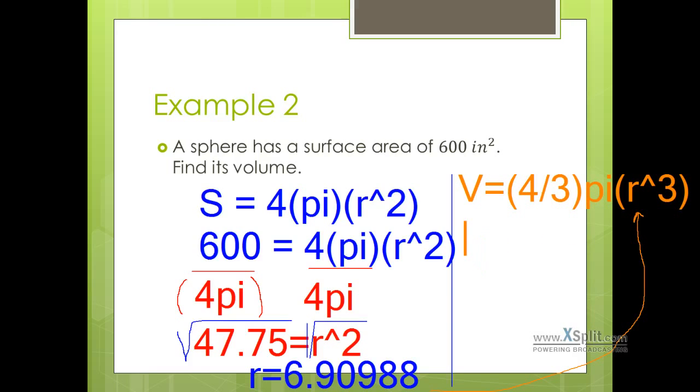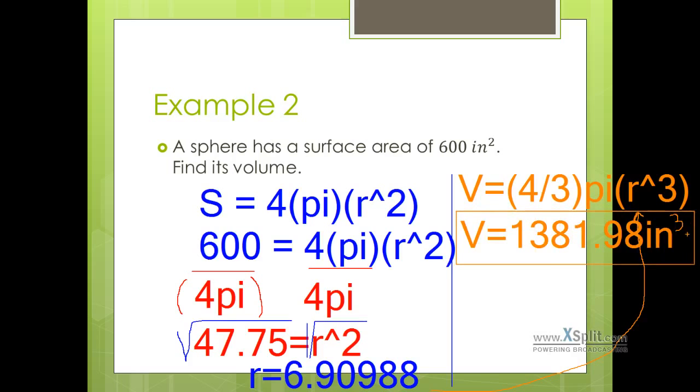So plugging that into my calculator, take our number to the 3rd power, multiply that by pi, multiply that by 4 divided by 3. That gives us a grand total for the volume of 1,381.98 or so inches cubed. Inches cubed for that one.